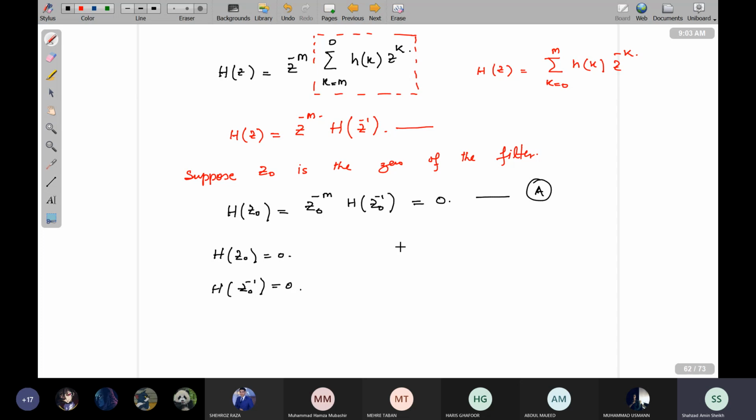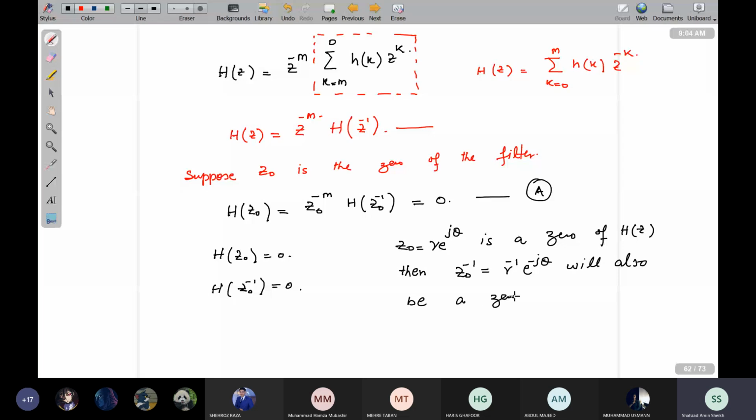It means that if z naught is equal to r exponential j theta is a 0 of h of z, then z naught inverse, that would be equal to r raised to power minus 1 exponential minus j theta, will also be a 0 of h of z. Any confusions, please ask.